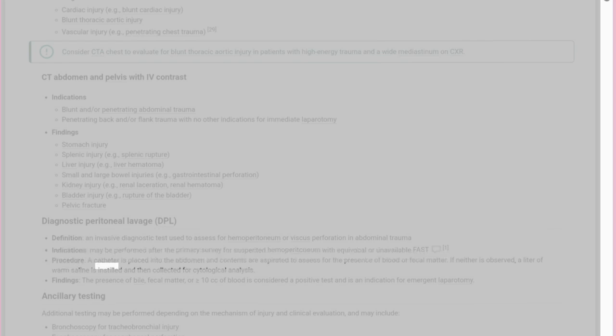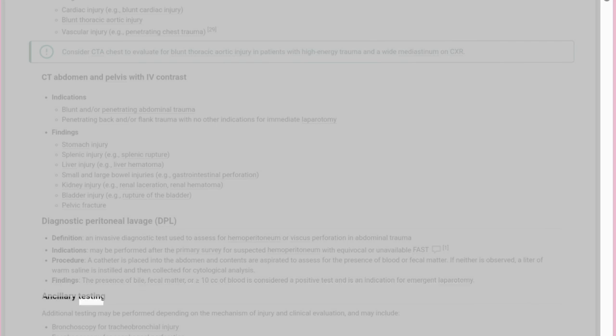A catheter is placed into the abdomen and contents are aspirated to assess for blood or fecal matter. If neither is observed, a liter of warm saline is instilled and then collected for cytological analysis. Findings: the presence of bile, fecal matter, or ≥10 cubic centimeters of blood is a positive test and an indication for emergent laparotomy.